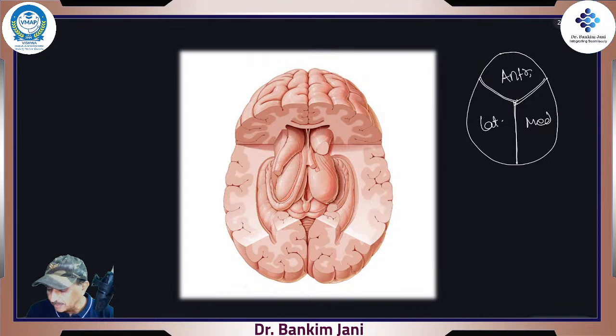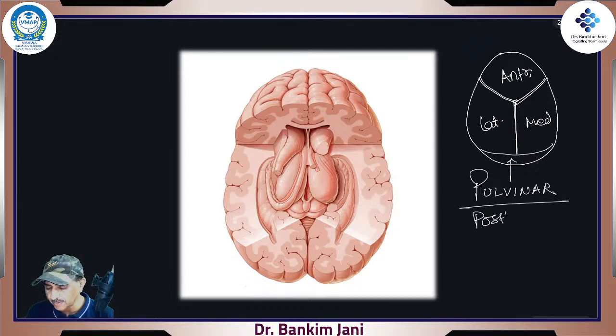Now the posterior part. For that, we need to make a small change. The posterior part is now like this. This is called the pulvinar. This is posteriorly situated. So what is the pulvinar? The pulvinar is the posterior extension of the thalamus.